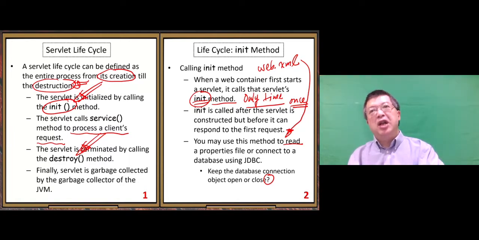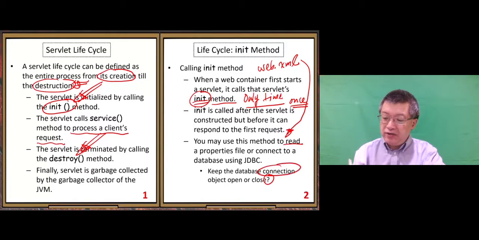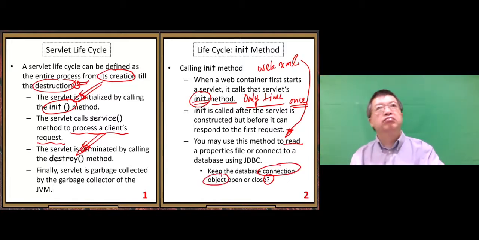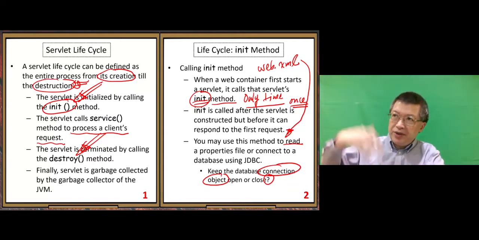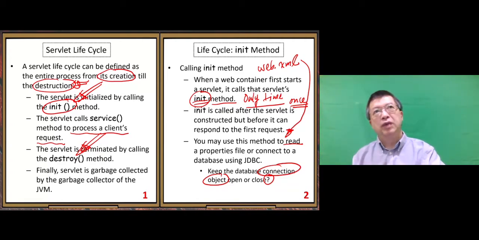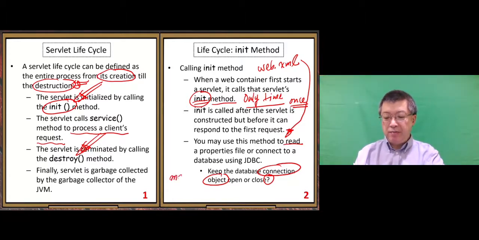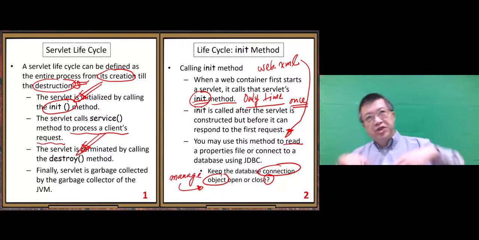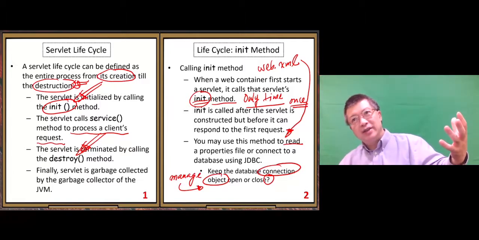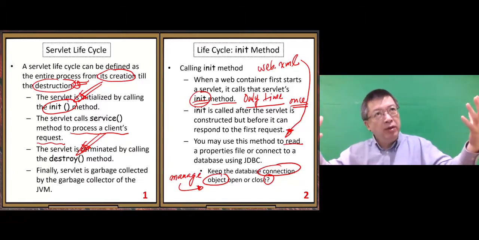A database connection object needs to be created. When you do the database queries, you need to use some database connection object. The question is, how do you manage this object? Do you always keep it open?